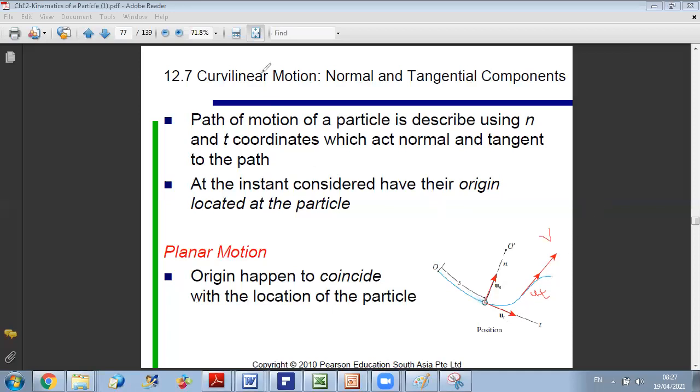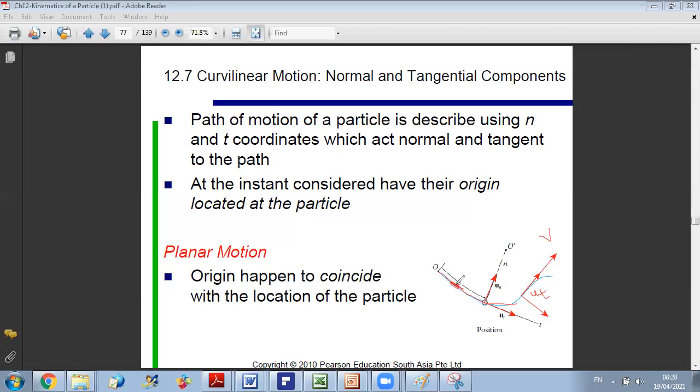Now concerning the second vector, vector Un. It's always perpendicular to Ut and directed towards the center of curvature. What is the center of curvature? When you have a curved path, at any instant during motion, you are going over a certain arc of a circle, okay?